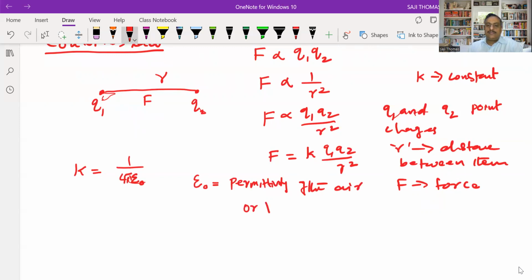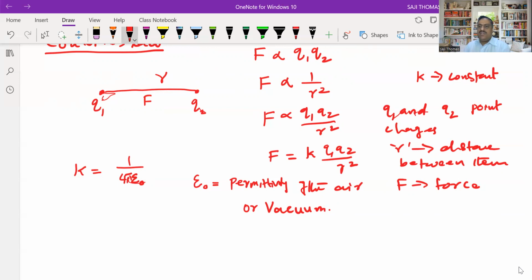The word permittivity, permission, right? So what is this permittivity? It is a measure of the ability of the medium to transmit electric force, electrostatic force. That is known as permittivity. It is different for different media.